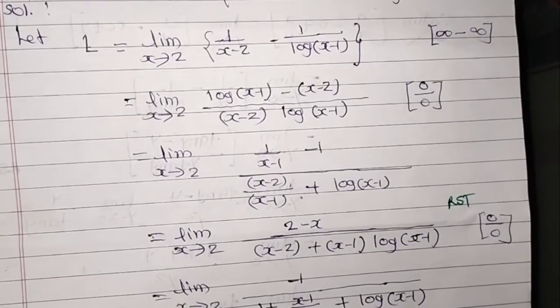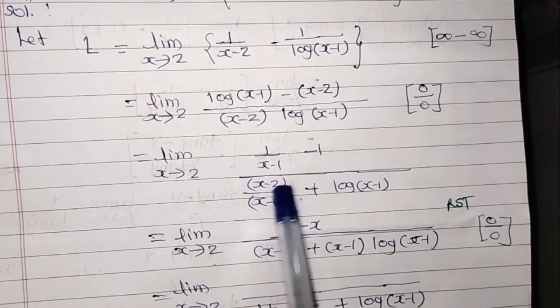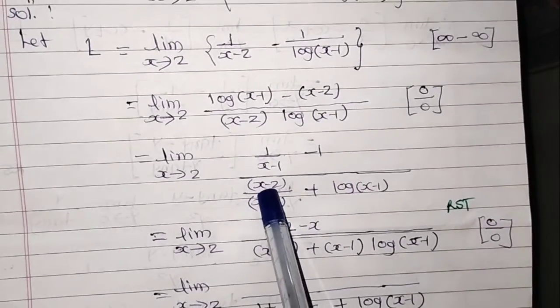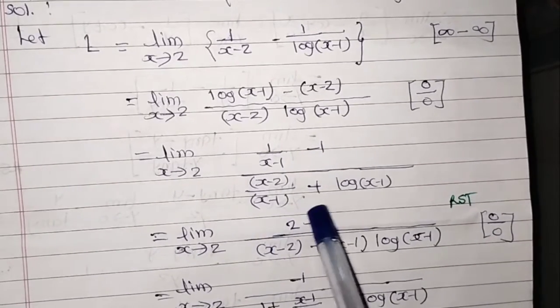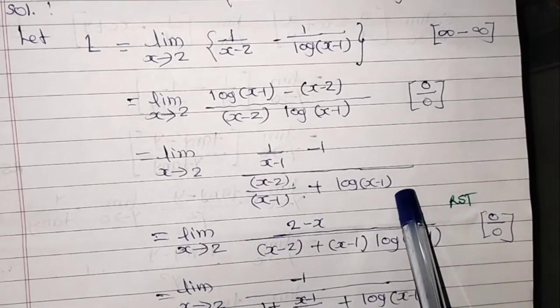This is equal to limit x tends to 2, 1 upon x minus 1 minus derivative of x minus 2 is 1 upon x minus 2 into derivative of log of x minus 1 is 1 upon x minus 1 plus log of x minus 1 into derivative of x minus 2 is 1.